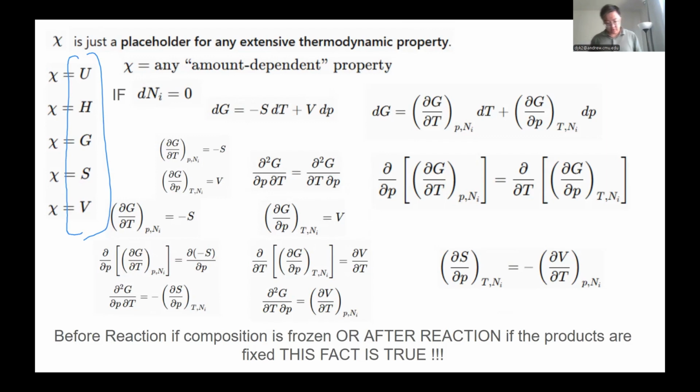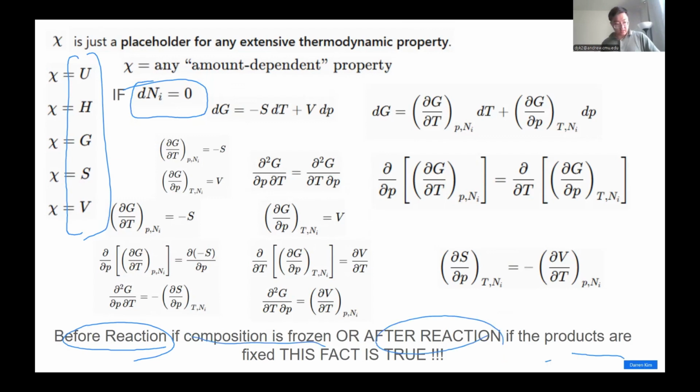Another thing we'll just do, and for now you won't understand why we are doing the N over here. We're getting rid of all the molecular amounts to get this. So for now, we'll claim that this is true for before reaction if composition is frozen, and after reaction if product is fixed.